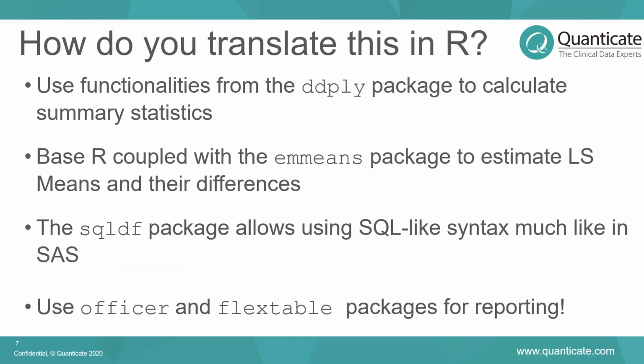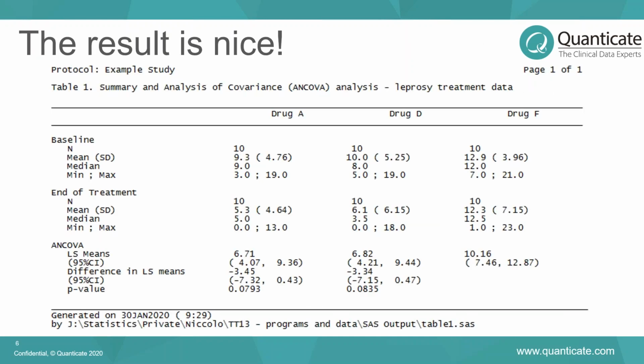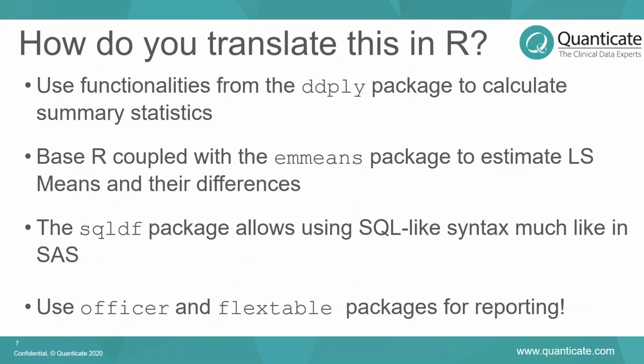Now, how do we translate this table? How do we translate what we've done with SAS into R? Following the same approach as we did for SAS, the summary statistics can be calculated in a multitude of manners. In this example, I've used the ddply package functionalities to create a compact data frame, which stores the mean, the standard deviation, and everything with already a format applied for both time points.